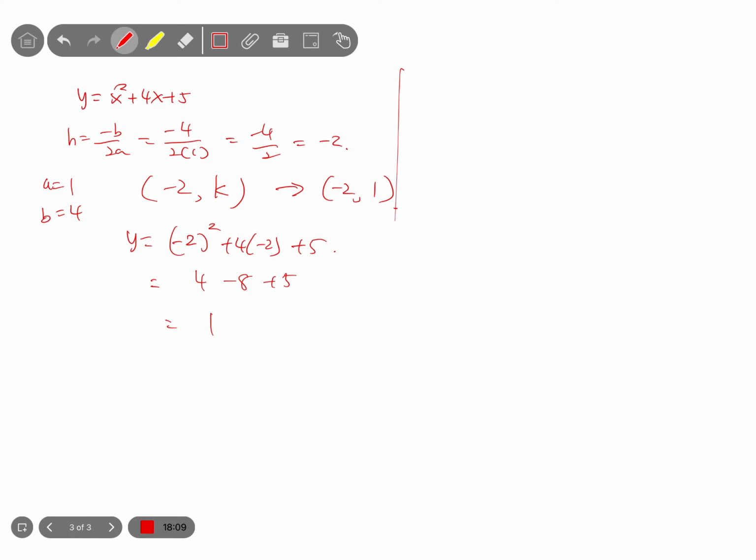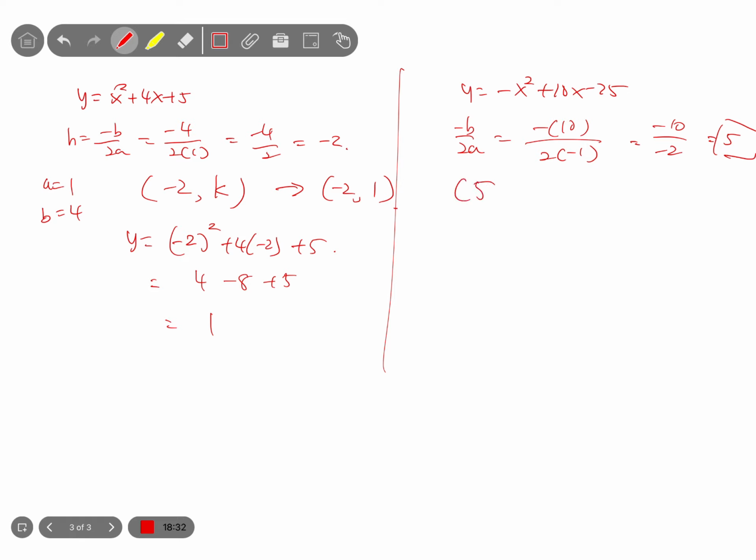All right, the next problem, you have y equals negative x squared plus 10x minus 25. You have, again, negative b over 2a. This means negative 10 over 2 times negative 1. That's negative 10 over negative 2, which is a positive 5. So the vertex is going to be 5 comma something.